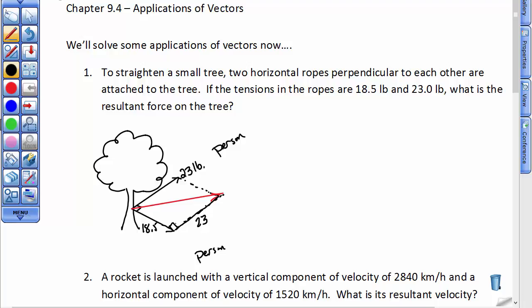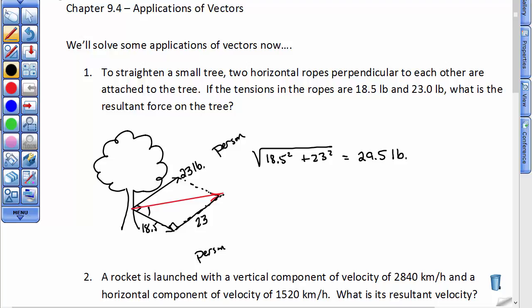And so I have a right angle right here. And so I'm going to use the Pythagorean Theorem to find the length of that red line. So I'm going to take the 18.5 squared and the 23 squared, add them together, take the square root, or use your program, and find out that the length of that red line is 29.5 pounds of force because of these two people pulling at right angles to one another.